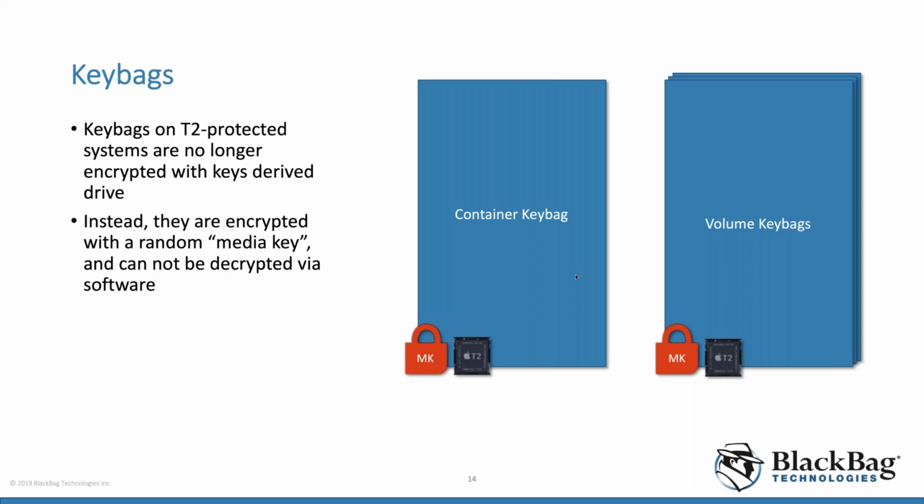However, these encrypted keybags are no longer encrypted with keys that you can just read off of the drive. In fact, they're encrypted with something that they're calling a media key, which is randomly generated per system. And as well, they're encrypted using the hardware encryption for the T2 chip. So you can't even decrypt these things in software. You have to use the T2 chip itself to decrypt these keybags.